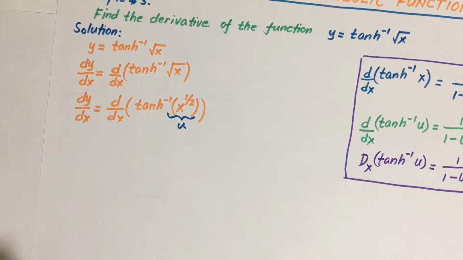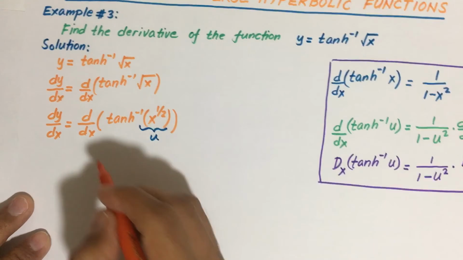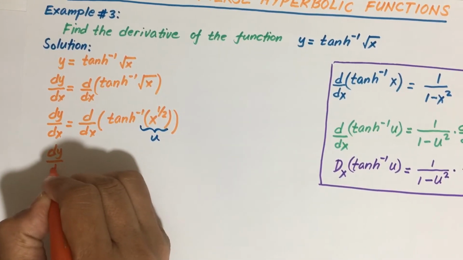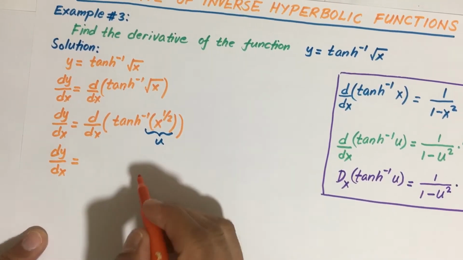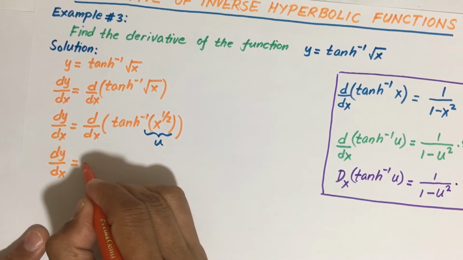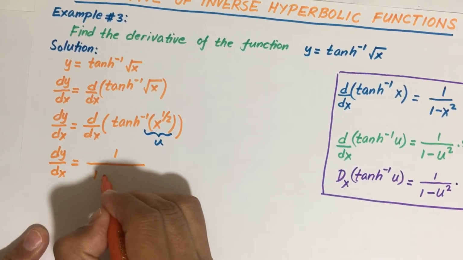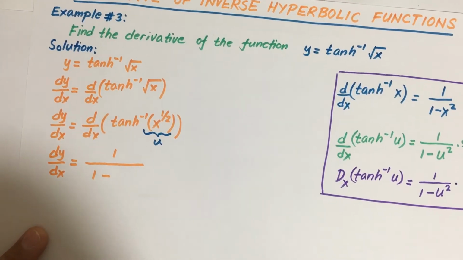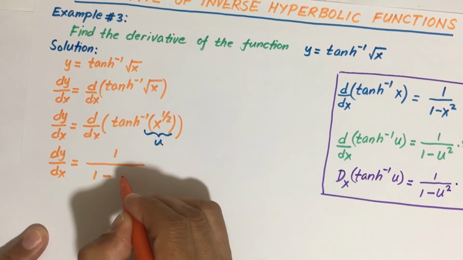Alright, so using this formula here, we have the derivative of y with respect to x is equal to 1 divided by 1 minus our u here, which is x to the power 1/2.